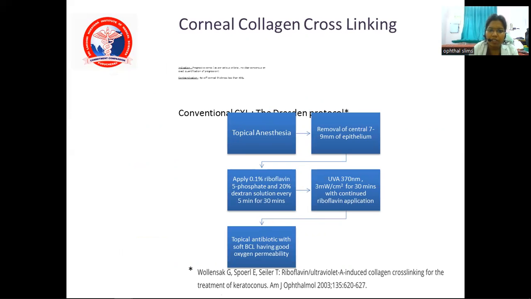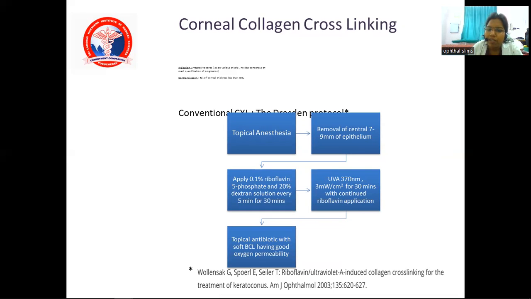So collagen cross-linking, this is conventional collagen cross-linking. We use the Dresden protocol, where we anesthetize with topical anesthesia and remove the central 7 to 9 mm of epithelium. Then we apply 0.1% riboflavin in 20% dextran solution every 5 minutes for 30 minutes.